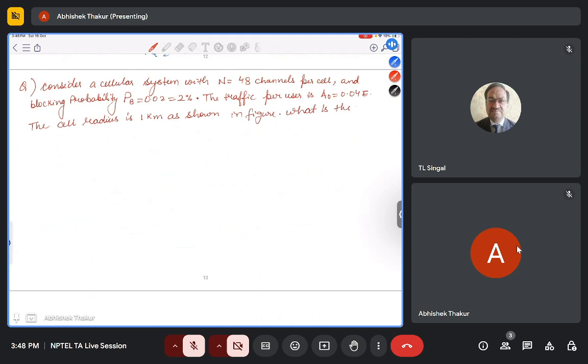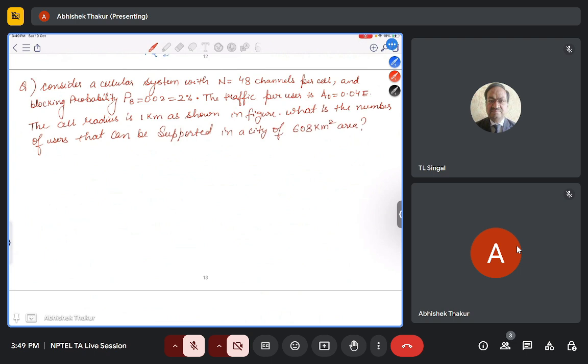What is the number of users that can be supported in a city of 603 km square area?